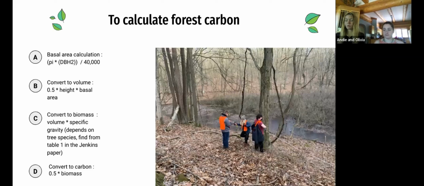So we took the volume, which we just found, and then specific gravity, which depends on the specific tree species, which we found in a table that was presented to us. And then we converted it to carbon. So we multiplied it by 0.5, because half of the tree's biomass is made out of carbon.